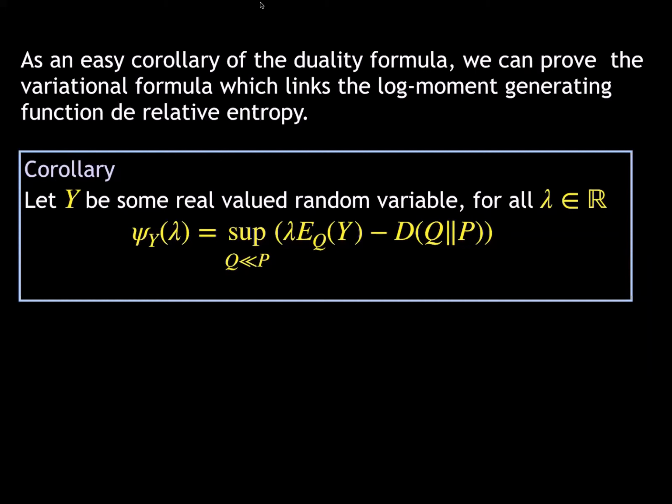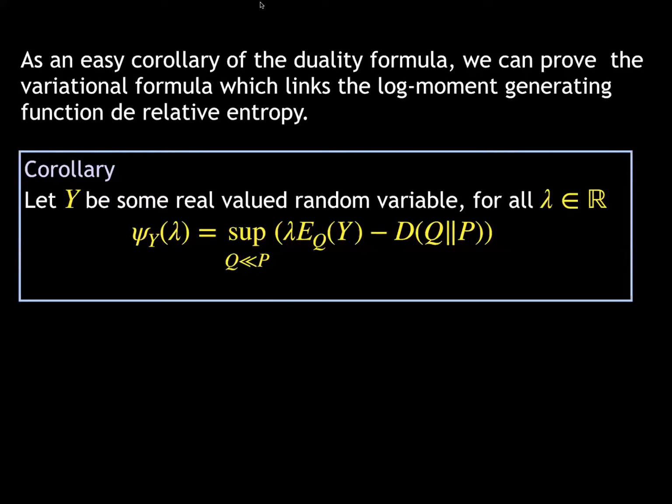So I begin to give you a corollary of the duality formula that we shall use when we see the transplantation method to get concentration. But it's a corollary which is interesting by itself, so I prefer to give it to you right now, even though we shall use it slightly later on.